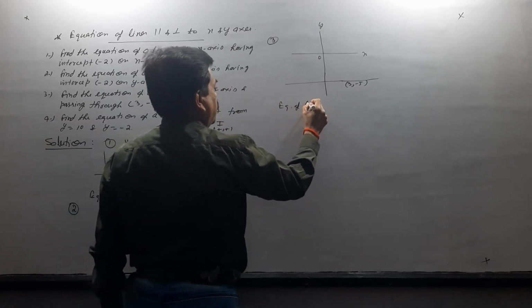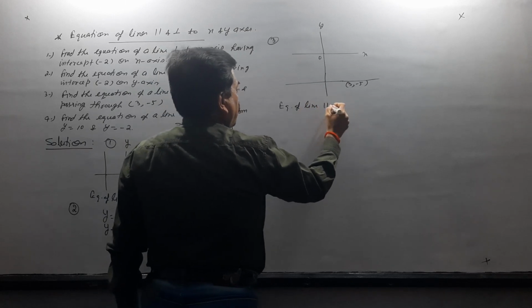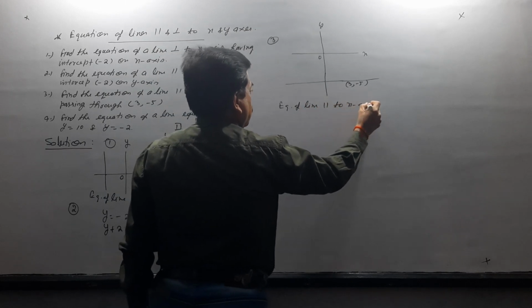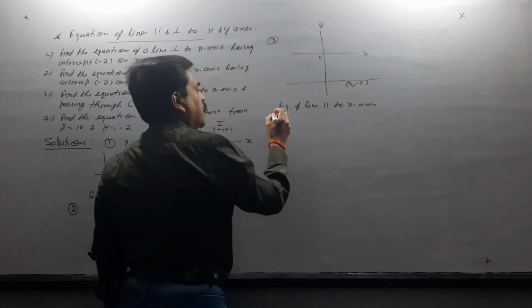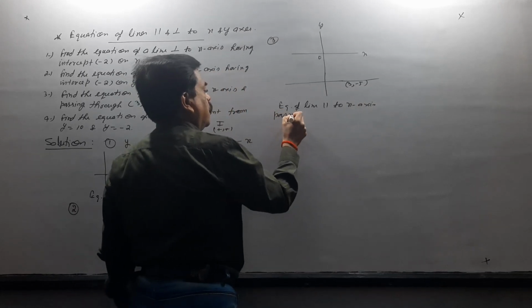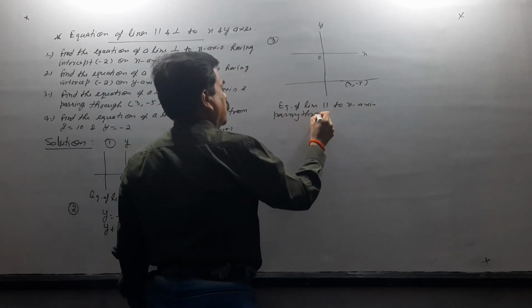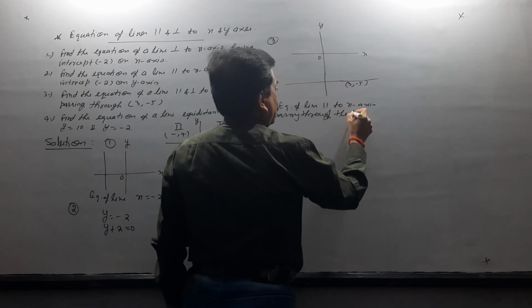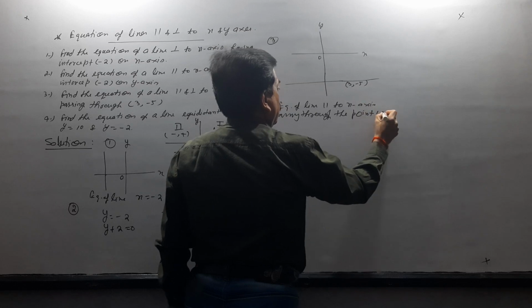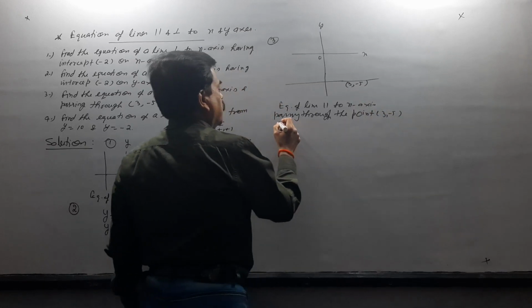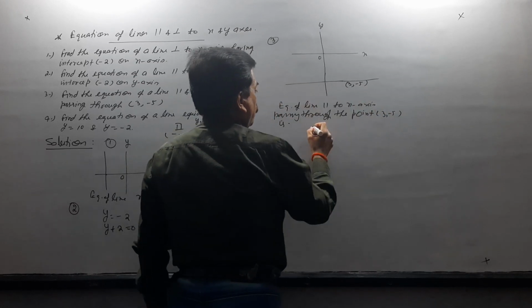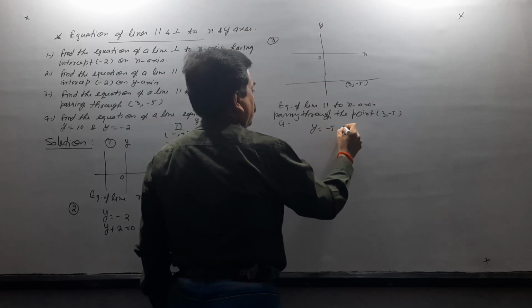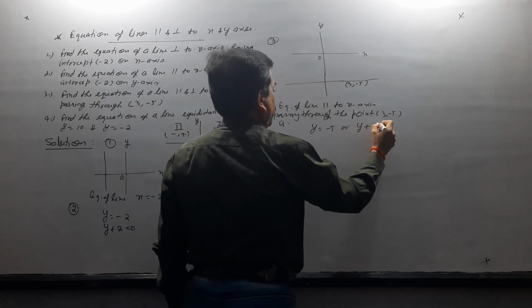So -5 means distance from this point to this point is 5, and equation of line parallel to x-axis passing through the point (3, -5) is y equals to -5 or y plus 5 is equal to 0.